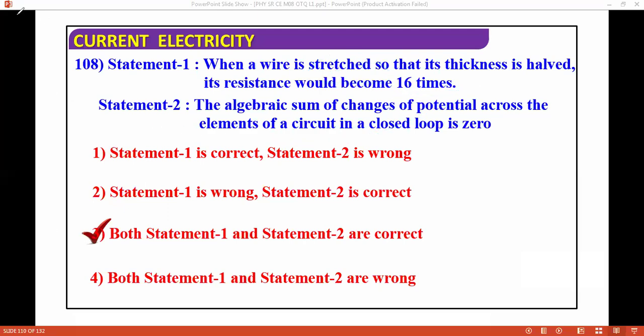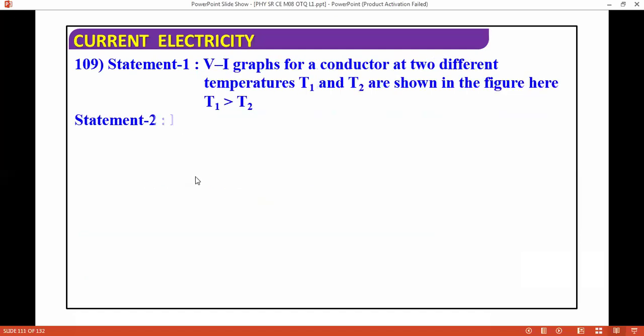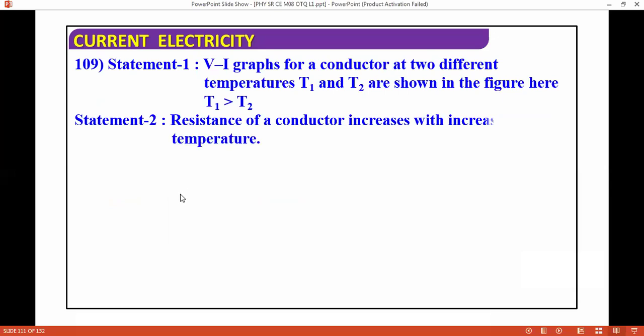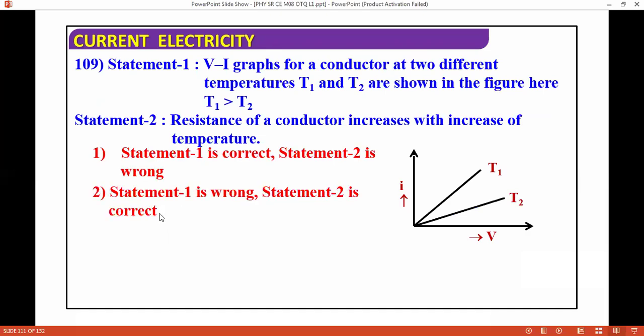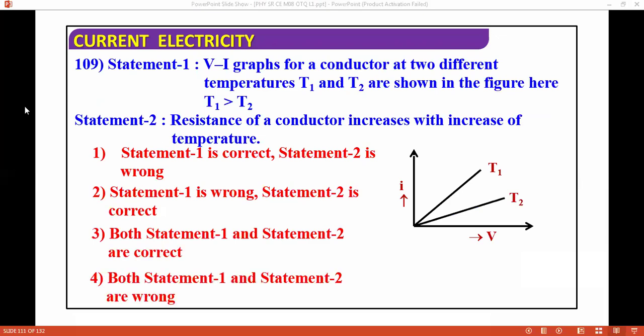Now we are moving to the next questions. We have a VI graph for conductors at different temperatures T1, T2. Basically, how to think about these questions, students: this is V equals IR.